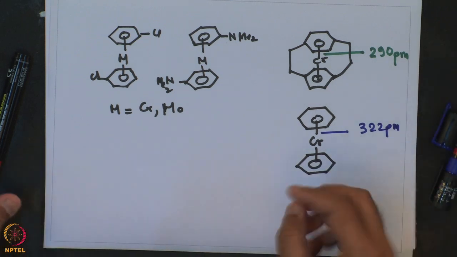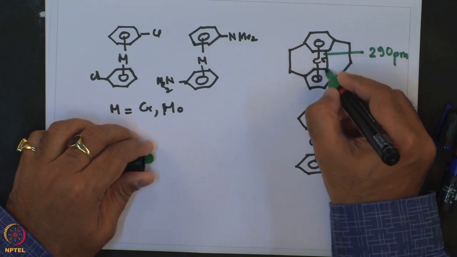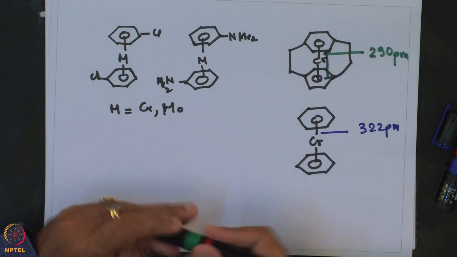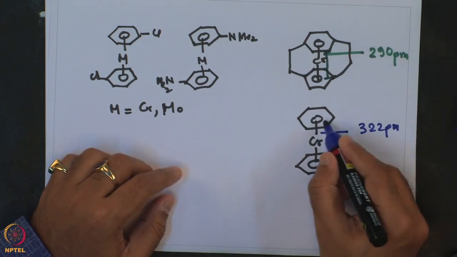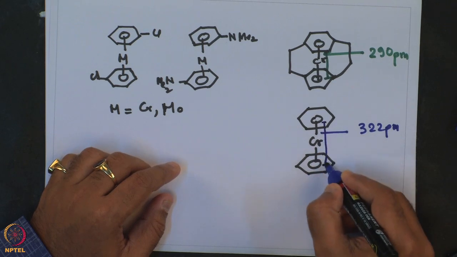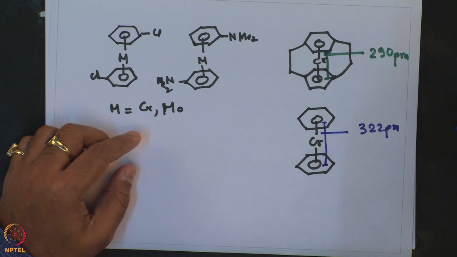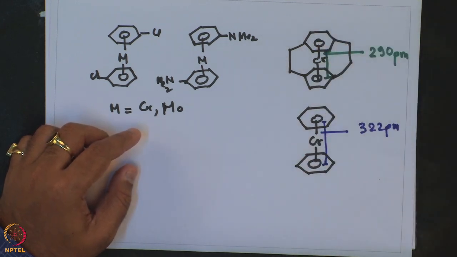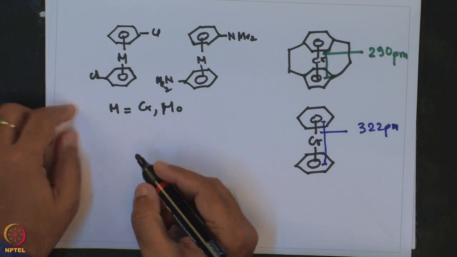This distance at 290 picometer is the distance between the two rings, and over here this 322 picometer is the distance between the two rings. So, what one sees is that there is a compression arising from the presence of this ethylene bridge in the cyclopentadienyl ligand.